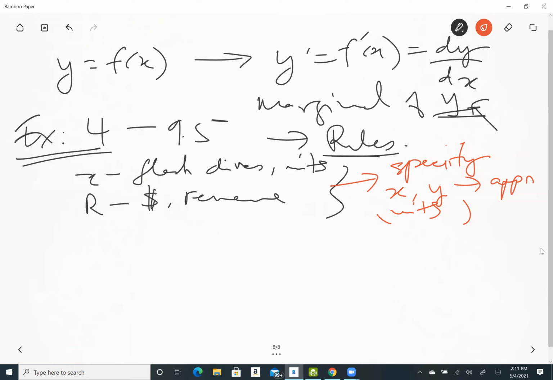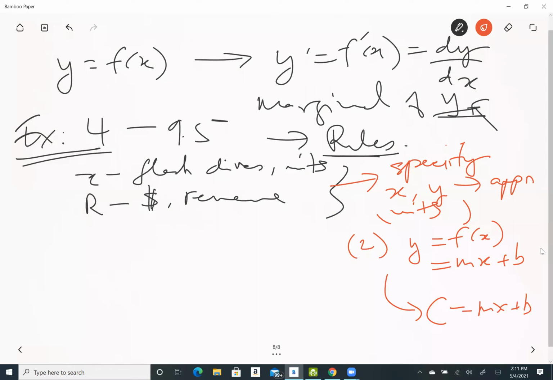You just jump to the cost and revenue. At least you have to mention what is x, what is y, and what are the units. That's number 1. Number 2, you start with y equal to f of x, you find the m, you find the b, and at the end that becomes cost equal to mx plus b. So there is no connection here.